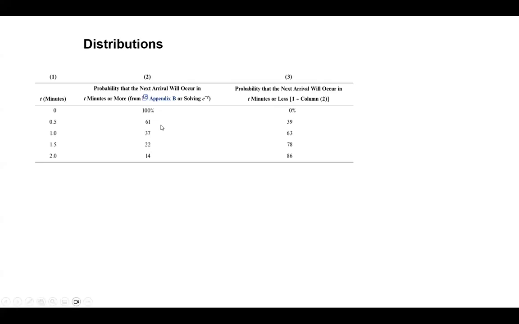And for 1 minute, the probability that you need to wait more than 1 minute for the next arrival is 37%, while in contrast, you have 63% that in a minute you will meet the next arrival. So this is how we use the exponential distribution.